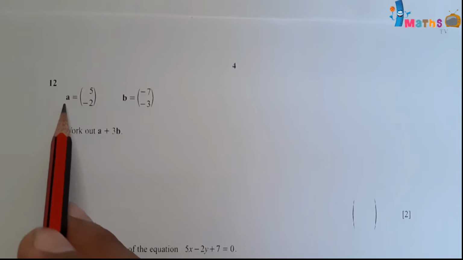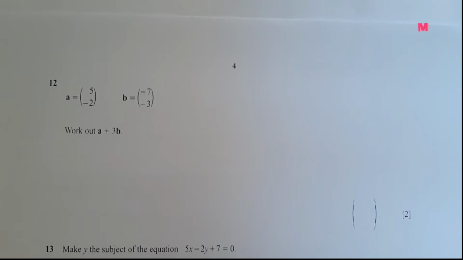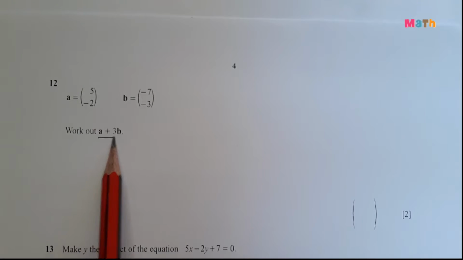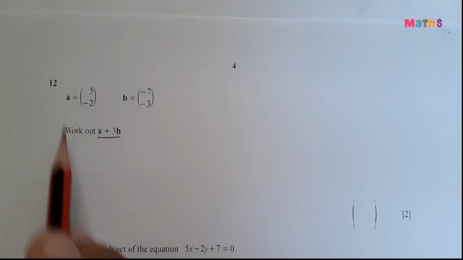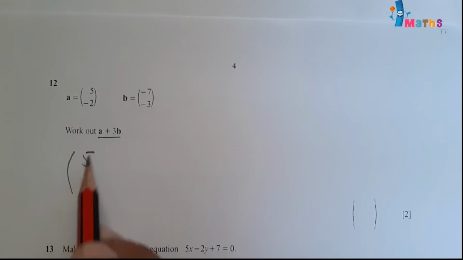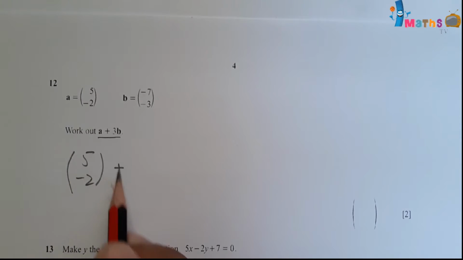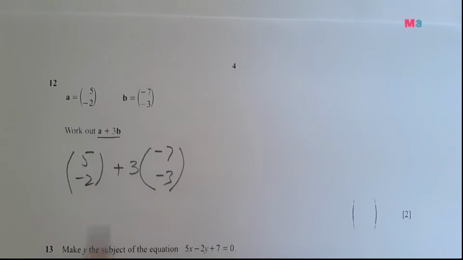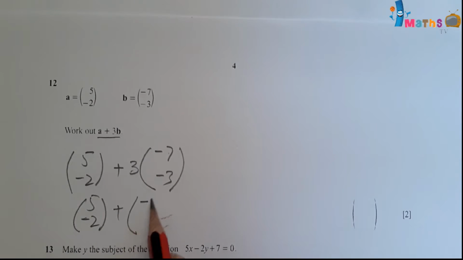Question number 12. A matrix and B matrix, two matrices are given. We have to work out A plus 3B. So A will be like this one, 5 and minus 2, plus 3 into B, which is minus 7 and minus 3. So we can write this as 5 and minus 2 plus 3 times minus 7 and minus 3, which is minus 21 and minus 9.